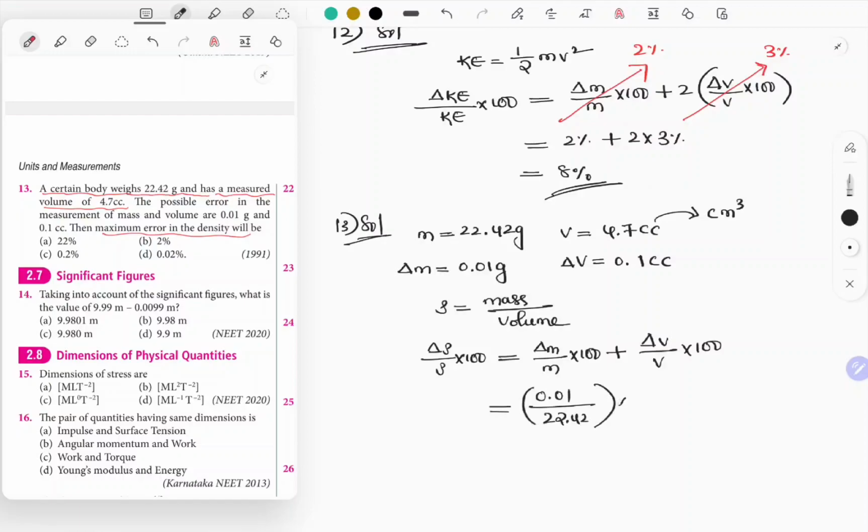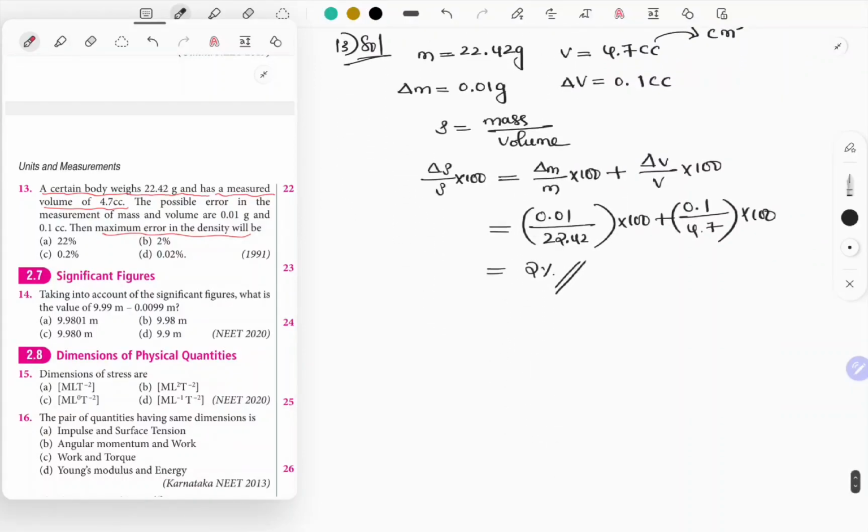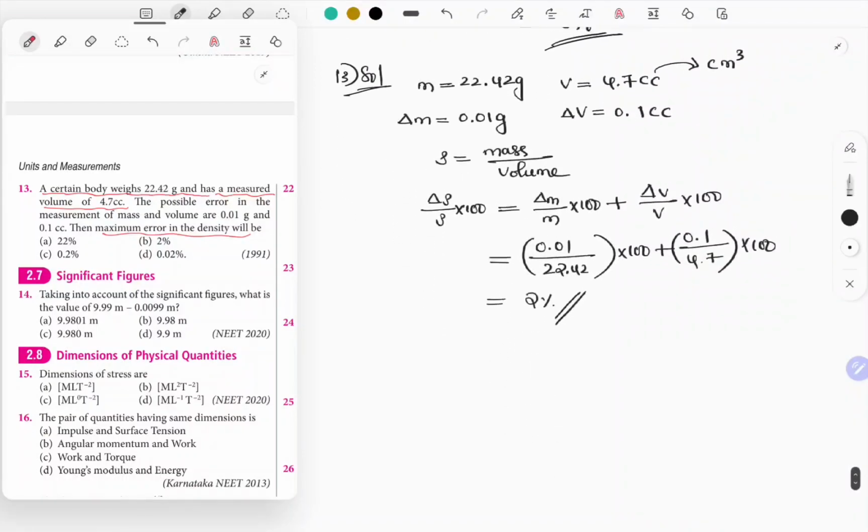Both are grams, that will get cancelled, into 100 plus delta v is 0.1 divided by 4.7 into 100. If you calculate this, you are going to get an answer approximately equal to 2%. So that's the answer. Next, let me get into the next question.